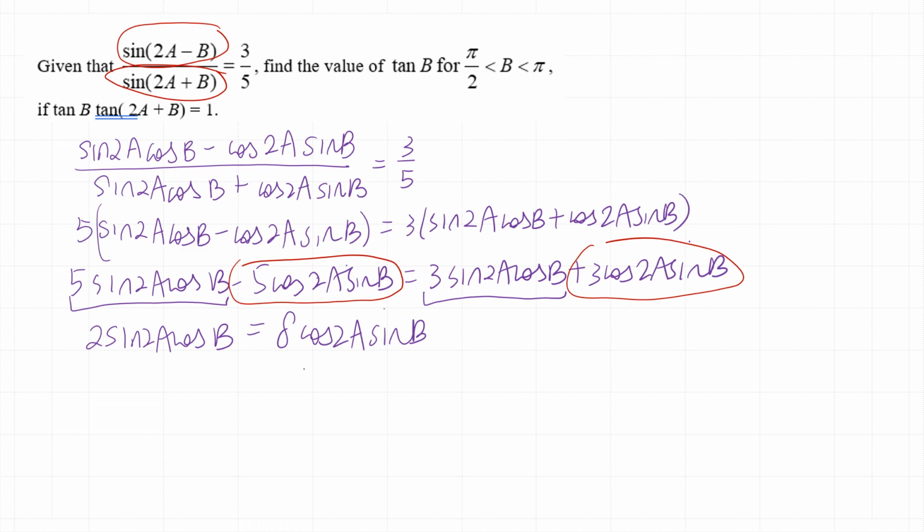Alright, so the next step is to remember your ratio identity, which is quite commonly used. So you have to try to remember it, and that is you can express sine a over cos a to be tangent a. So this is what I'm going to do. I'm going to divide both sides by 2 cos 2a cos b.